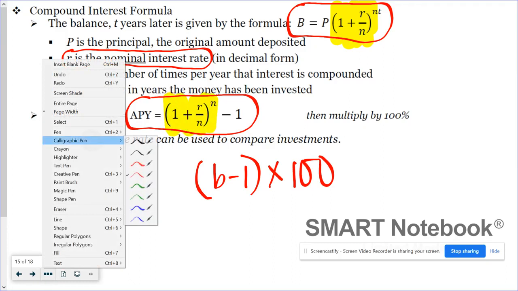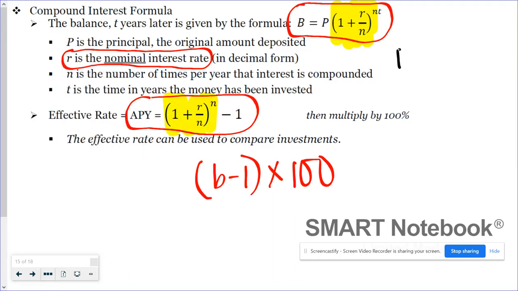If I were to write this more simply, balance equals the principal times b to the t power, where b is 1 plus r divided by n raised to the nth power. And as you know, the effective rate can be used to compare investments. So we're going to take a look at some other applications that use these formulas.